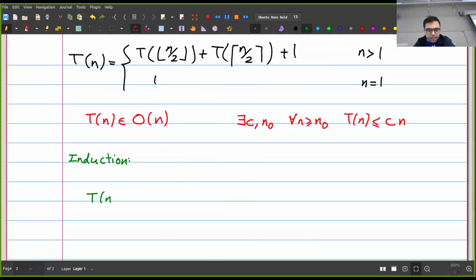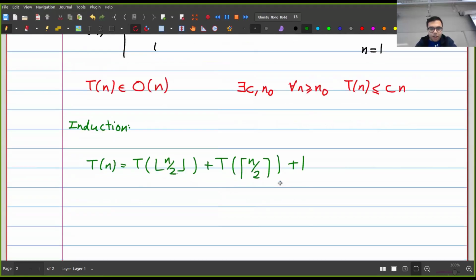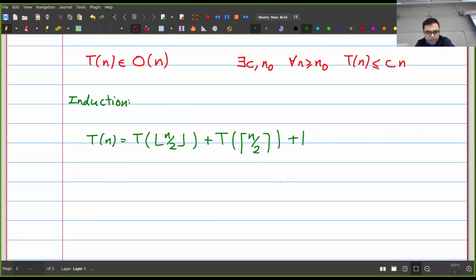I just say that T of n is T of floor of n over 2 plus T of the ceiling of n over 2 plus 1. Now I just use my induction hypothesis, and I can say this is less than or equal to C times floor of n over 2 plus C times ceiling of n over 2 plus 1.